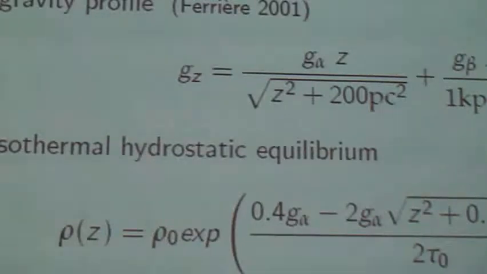It goes to 0 at infinity. It's only a Z profile, so gravity only depends on the Z direction, and there's no self-gravity. To get the isothermal hydrostatic equilibrium, we've just integrated that to work out the density profile, and again that's purely dependent on Z. This is just an initial condition, of course, and it's very unrealistic because the galaxy never looks like that, but we have to start from somewhere.